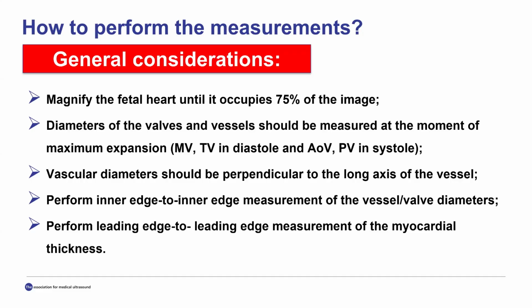If you look at the diameters, and that includes the additional measurements, diameters of the great vessels, you need to make sure that the measurement occurs perpendicular to the long axis of the vessel. You also need to make sure that you perform the inner edge measurement of the vessel or the valve diameter, and you perform the leading edge to leading edge measurement if you measure the myocardial thickness, for example, of the interventricular septum.